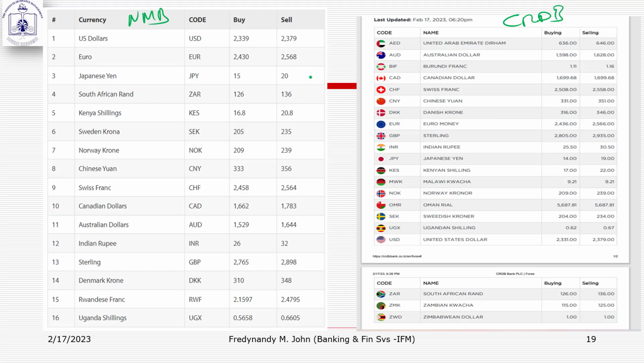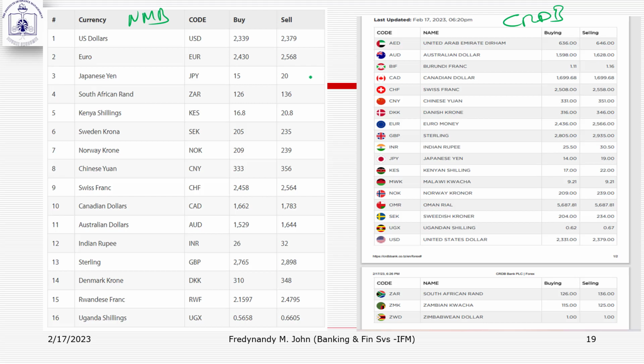Prices can be the same, prices can be different. Why? It depends on where the dealer receives the foreign currencies that they are offering for sale.